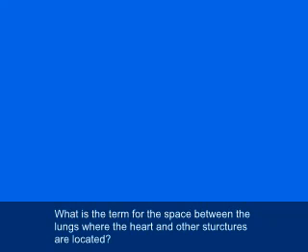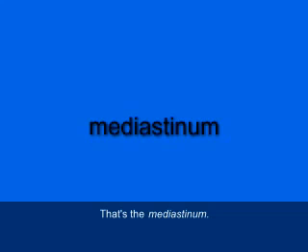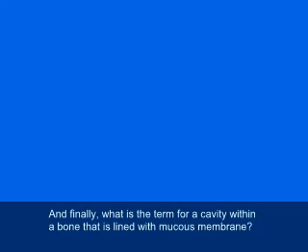And what is the term for the space between the lungs where the heart and other structures are located? Well, that's the mediastinum. And finally, what is the term for a cavity within a bone that's lined with mucous membrane?